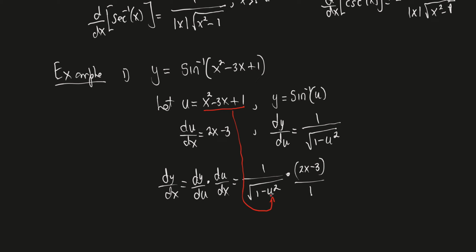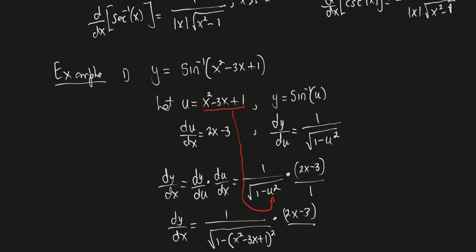So we're going to replace the variable in this function with another function, right? So here's our final answer, and we'll just write it in the line below. So dy dx is 1 over the square root of 1 minus, and now I'll write the quantity x squared minus 3x plus 1 squared, again times the quantity 2x minus 3 over 1.